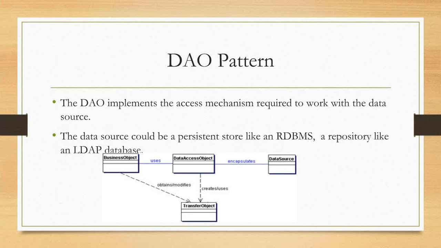What are business objects? When I say business objects, what does that mean? Basically, the logic of the code. What is that logic?